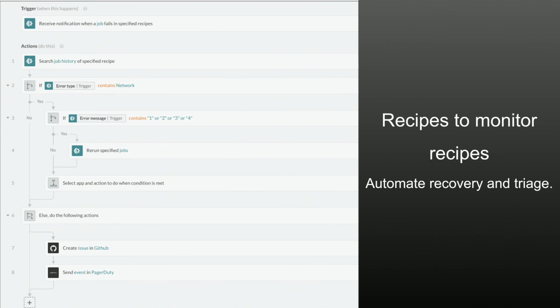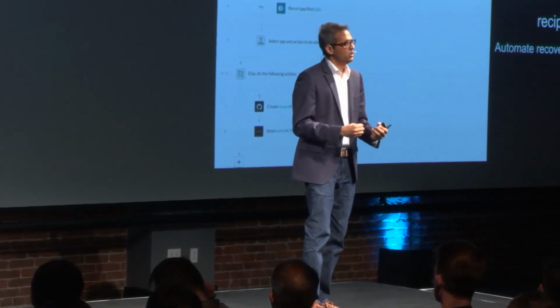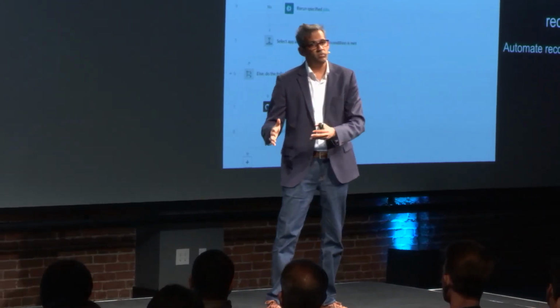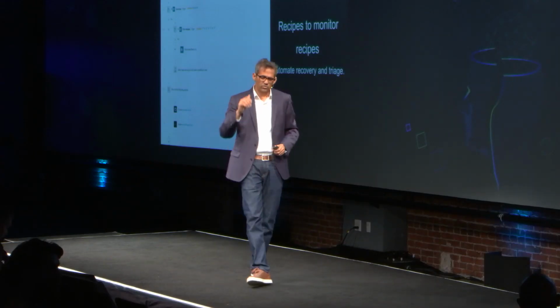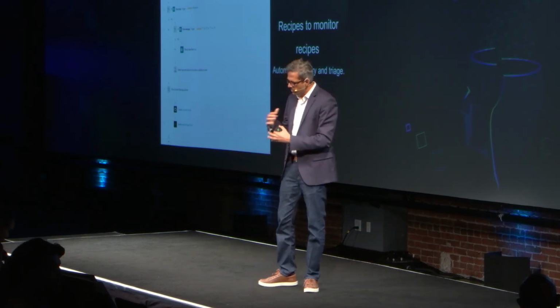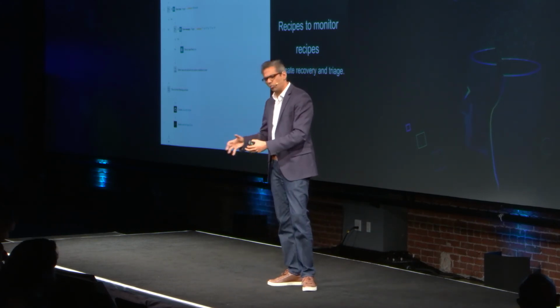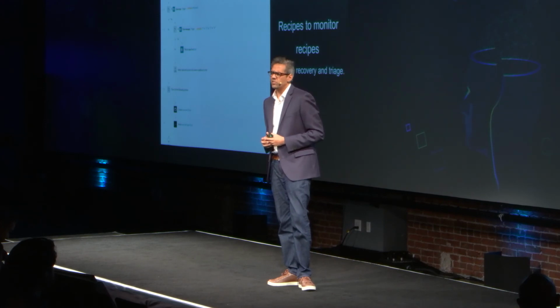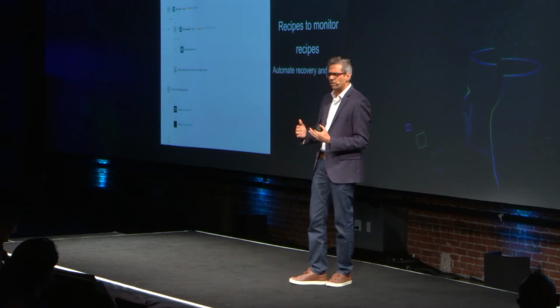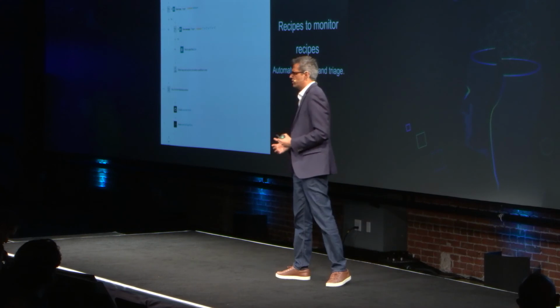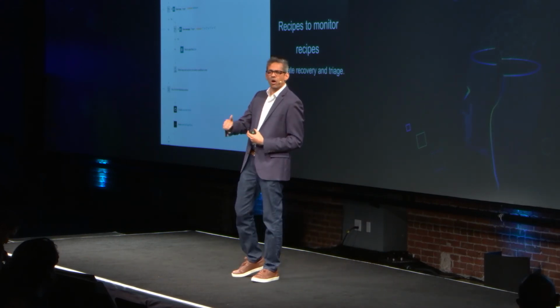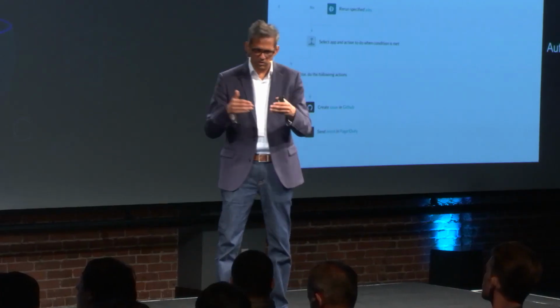You can watch a particular recipe to see if there was an error, and if there was, you could rerun it. If it is a certain type of error that is not recoverable, you can create a ticket in GitHub and notify people using PagerDuty. This is one of the most popular feature sets in our platform, because operations is where you spend most of your time, and this helps you automate those operations so that you are focusing only on things that cannot be automated.